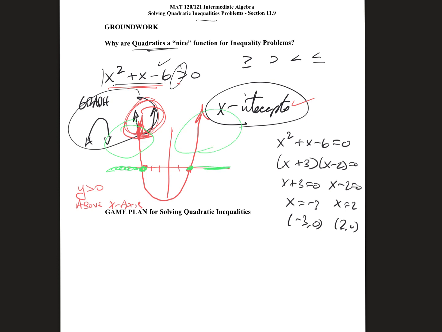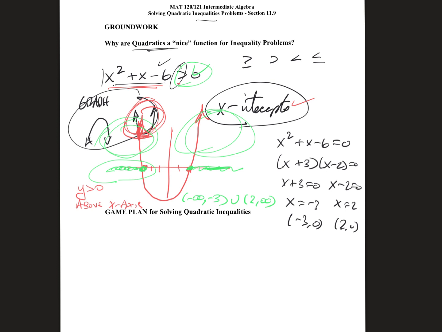So the solution in interval notation would be from negative infinity up to negative 3, that would capture those x values where the function's above the x-axis or greater than 0, union 2 to infinity. Again, these would represent the x values where the function's above the x-axis or greater than 0.